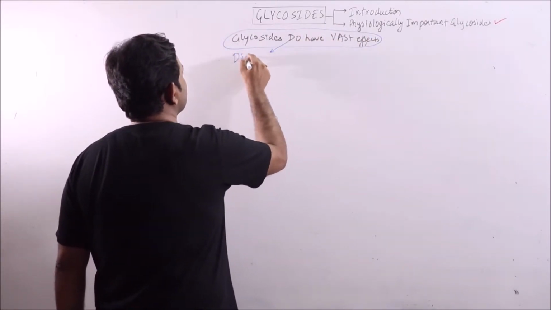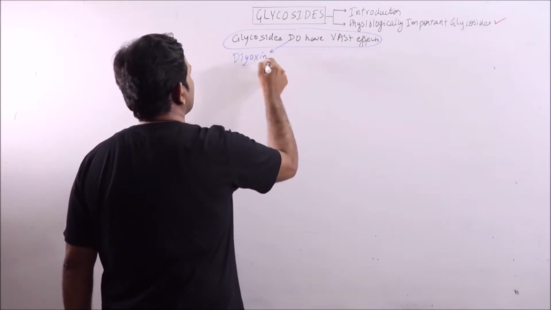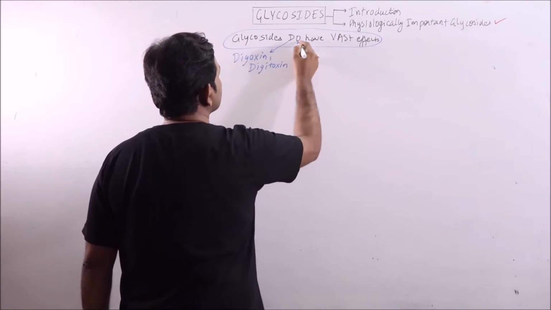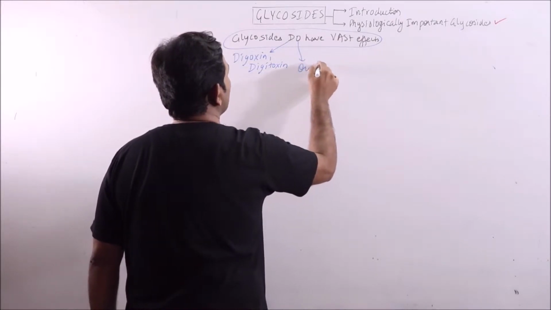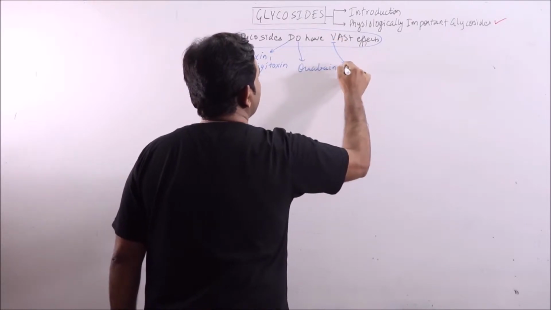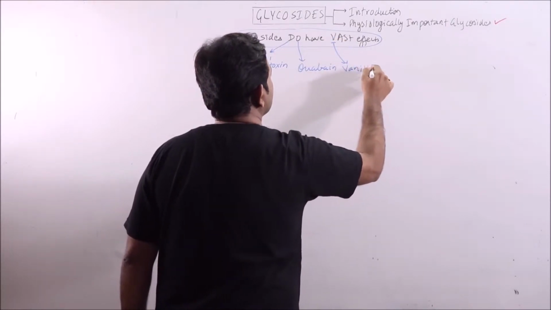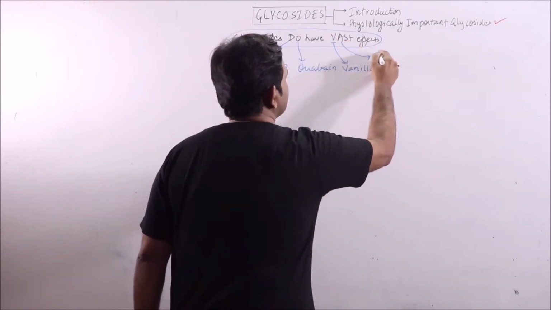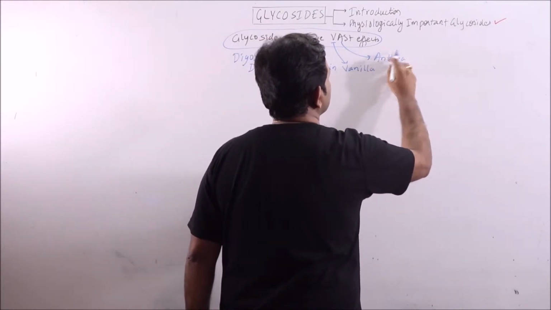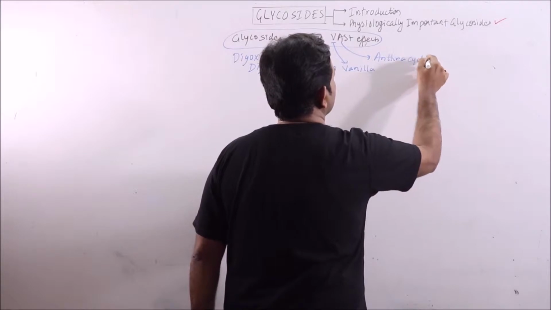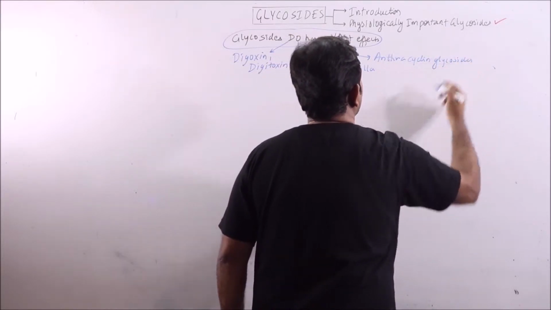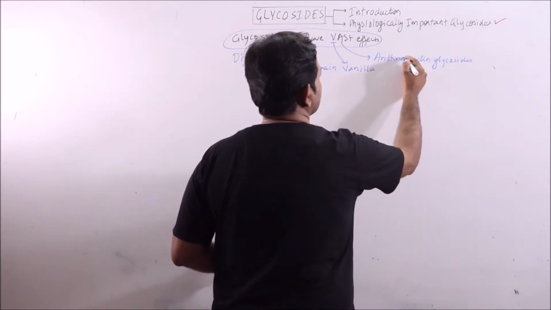This is Digitoxin and Digoxin. This is Ouabain. This is vanillin. This one is anthracyclines. These are also known as anthracycline glycosides.